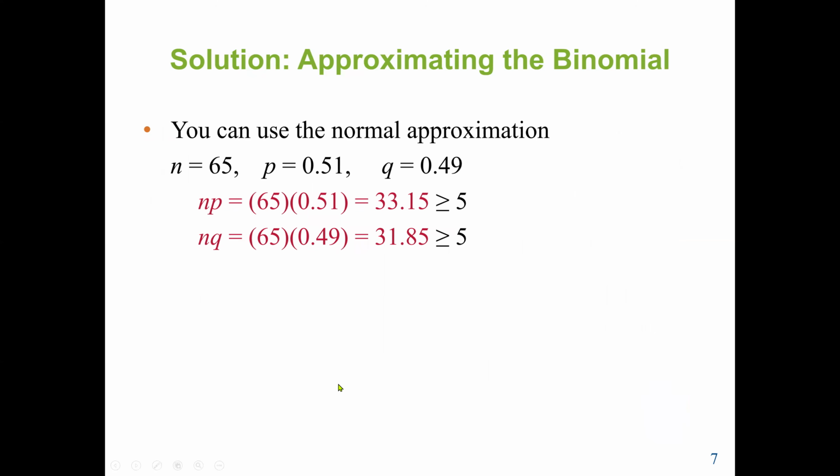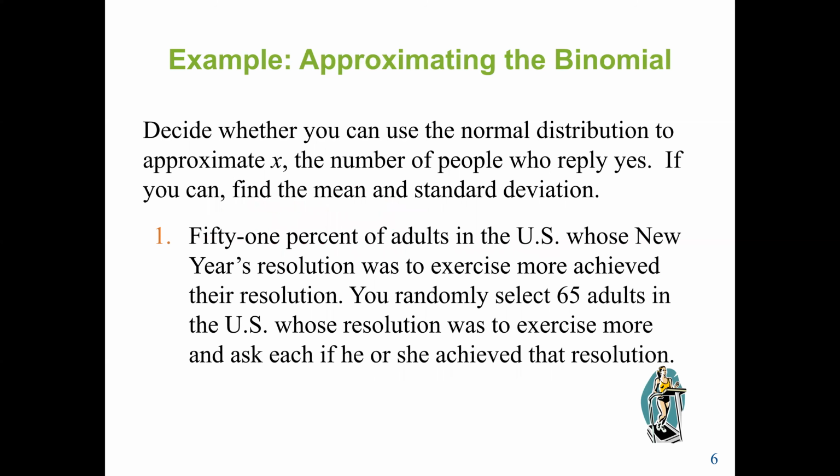So now our main concern is what is n, what is p, what is q. 51% achieve, so 0.51 is our p. If I know p, then of course we know q. The q is 0.49. Then when we look at the question, it is 65, so the sample size is 65. Let's go back to the question.